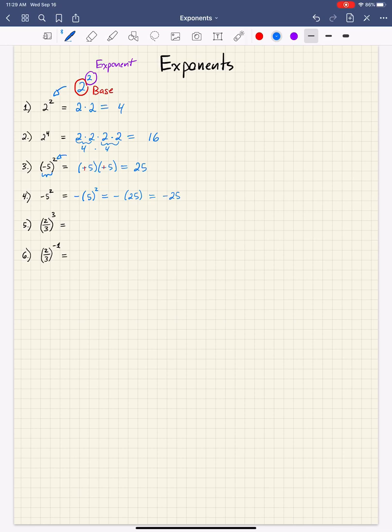Now, problem number 5, whenever you have a fraction that's raised to an exponent, the exponent goes to the number in the numerator and the number in the denominator. So just a reminder, the numerator is the top part of the fraction, the denominator is the bottom.